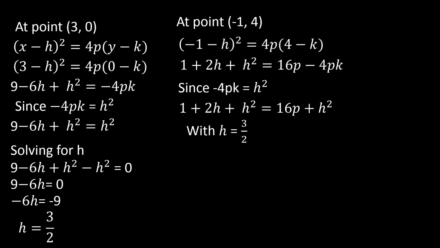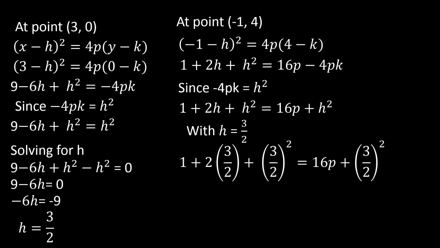Then we know that the value of h is equal to 3 over 2. So instead of writing h, we write its value as 3 over 2. It will become 1 plus 2 times 3 over 2 plus the quantity (3 over 2) to the power of 2 equals 16p plus, in the right hand side, h squared, which is (3 over 2) to the power of 2.